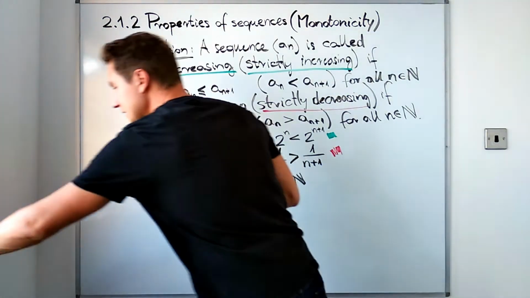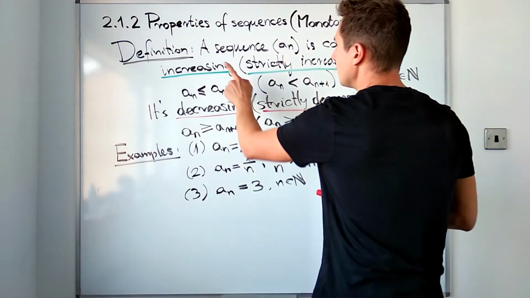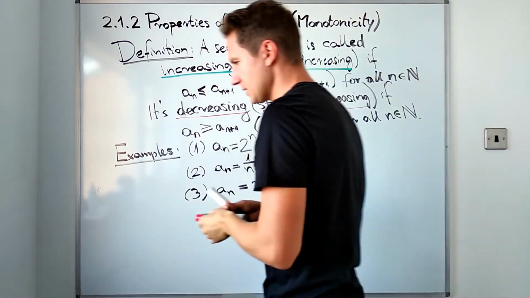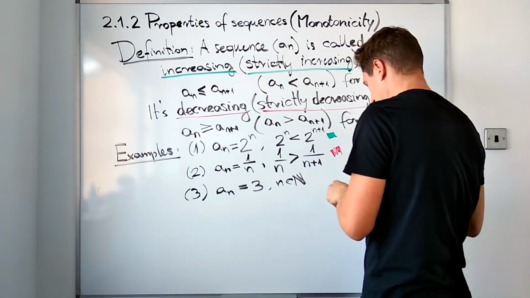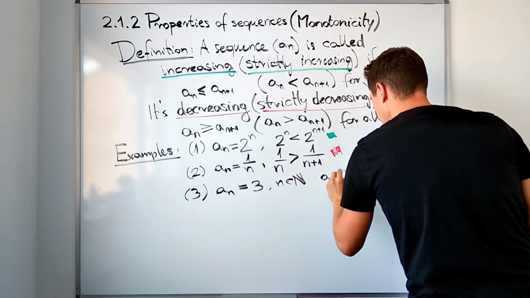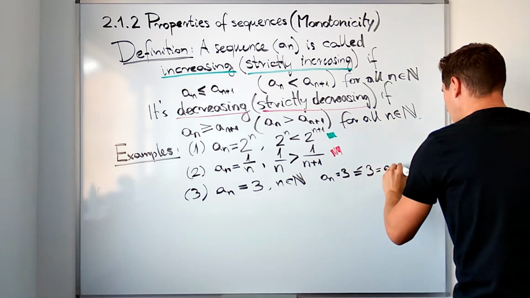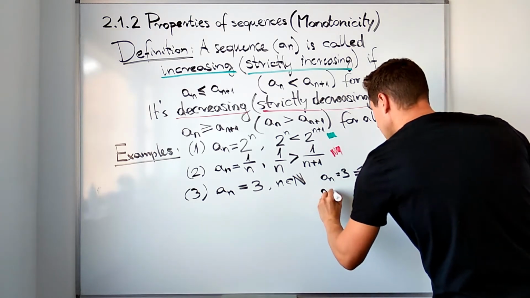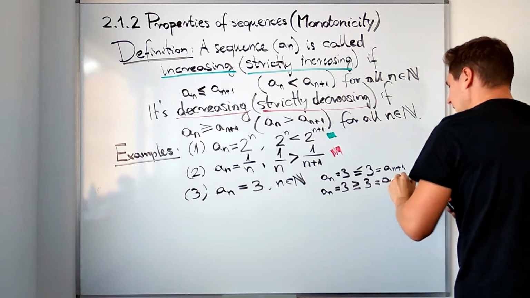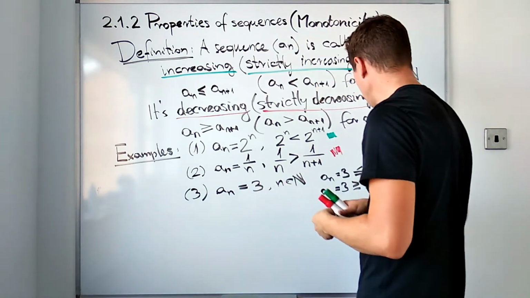Okay, so this sequence is increasing and decreasing, but not in the strict sense. a_n, which is 3, is less than or equal to 3, which is also a_{n+1}, and similarly it is also greater than or equal to a_{n+1}. So these non-strict inequalities hold because they are all equal.